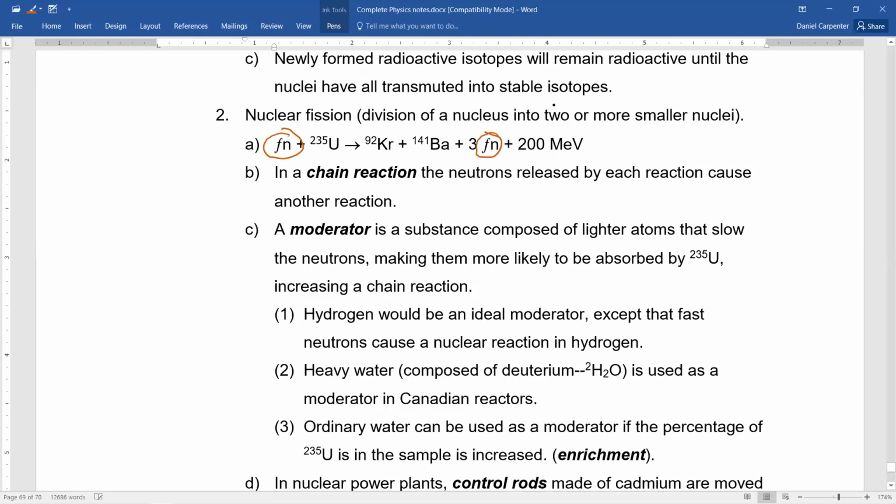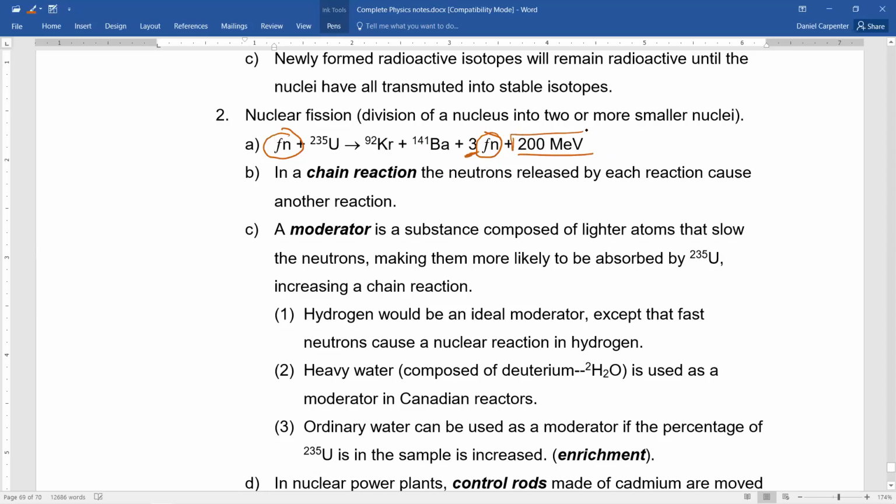That is a free neutron. The free neutron hits the uranium-235, and that splits the uranium-235, making krypton-92, barium-141, and giving off 3 more free neutrons and a bunch of energy.